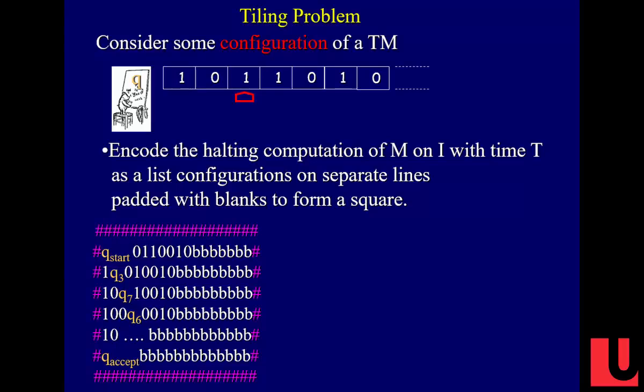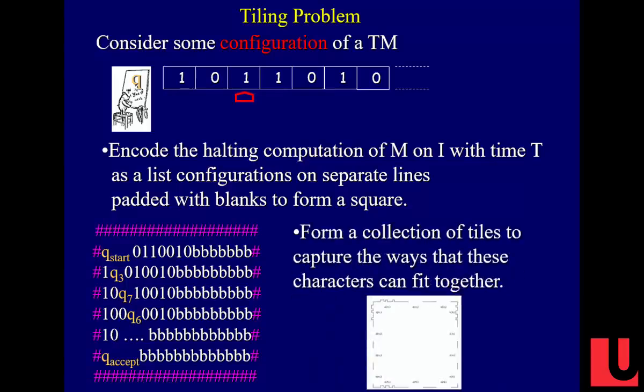So in the last example, we laid out the time steps like this, and now we're laying out the time steps like this, right? And then you fill it out with blanks so that it makes a square, right? And so if there's an accepting computation, then there's a solution that's a square. And if there's not an accepting computation, you can't make a square, right?